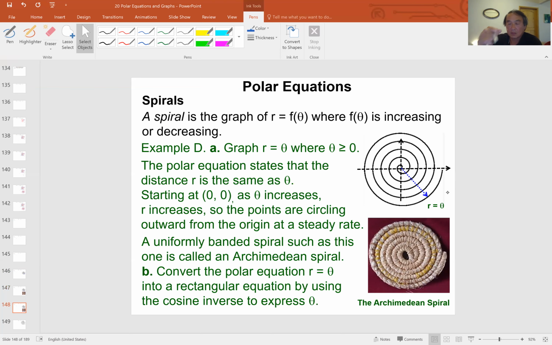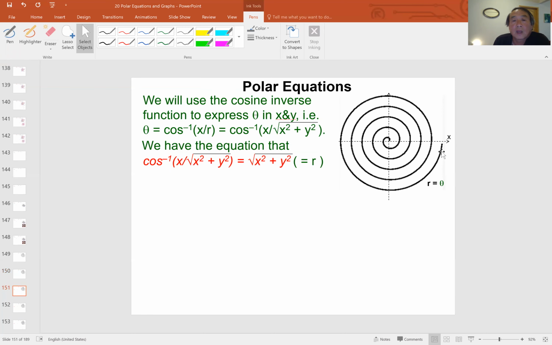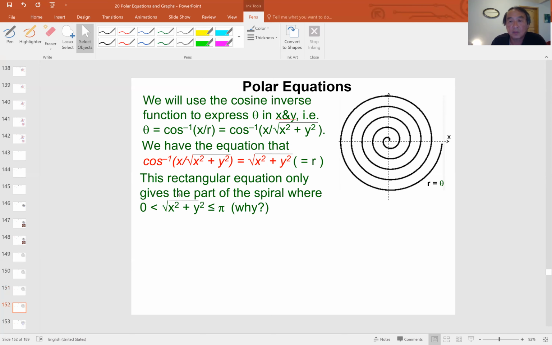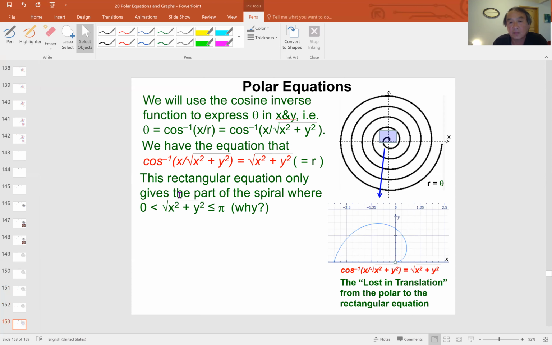It's the spiral you make with a rope, because the distance is fixed between the 2 runs. And when I plug in the equation for the spirals, I get this xy equation, but if I use cosine inverse, I only recover a particular portion of this, only from 0 to pi.